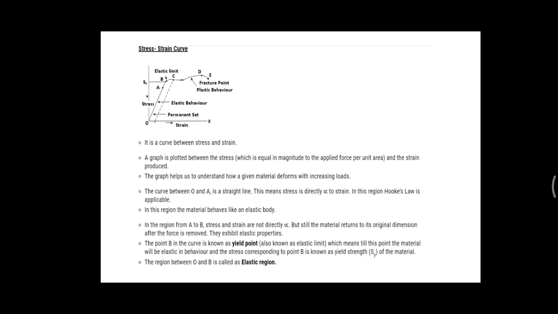If we are increasing the load or increasing the stress, what would be the strain values? Or how are the stress and the strain values related?